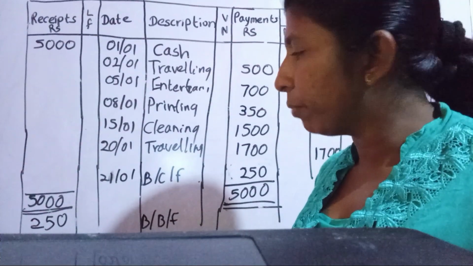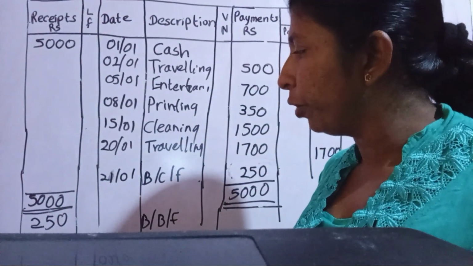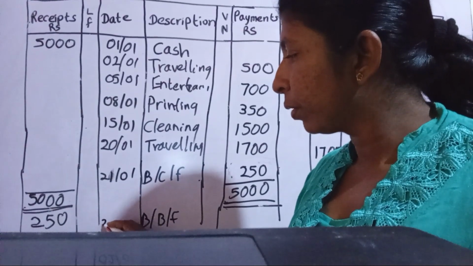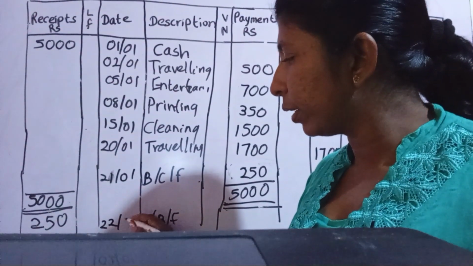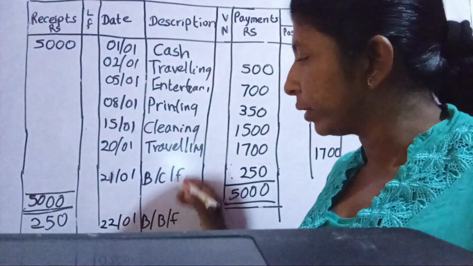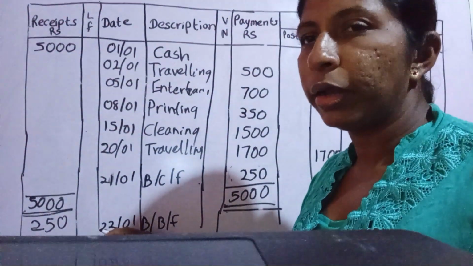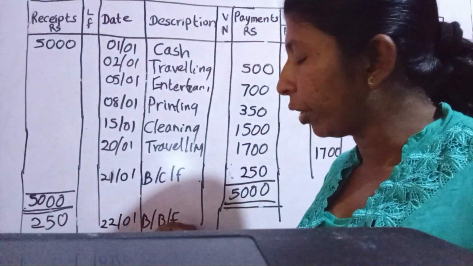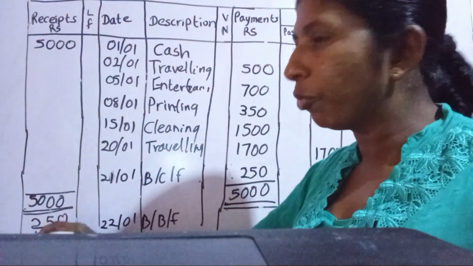That means balance brought forward to next day. Here, 21st January we have balance carried forward. Next day, 22nd January, we have a balance of the same 250.